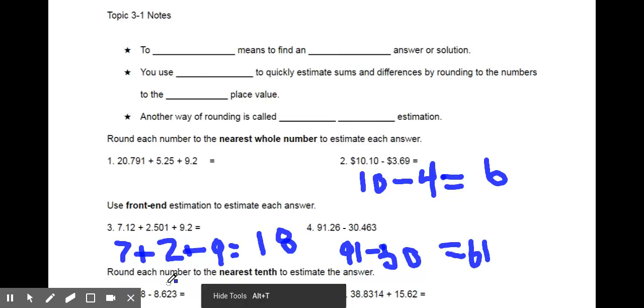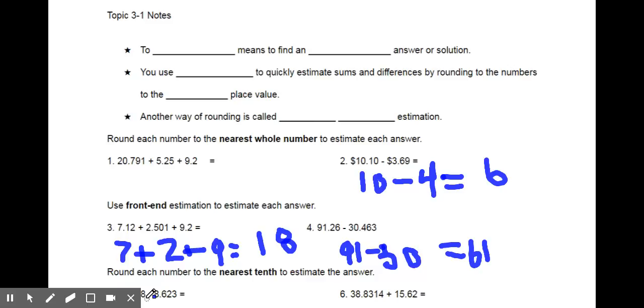Number 5 is being blocked, but you can look at it on your notes. It says 17.058 minus 8.623. And this says round each answer to the nearest tenth. So if you look at the first 17.058, the tenth spot is the number that's directly after the decimal. So the tenth spot in number 5 would be the 0.